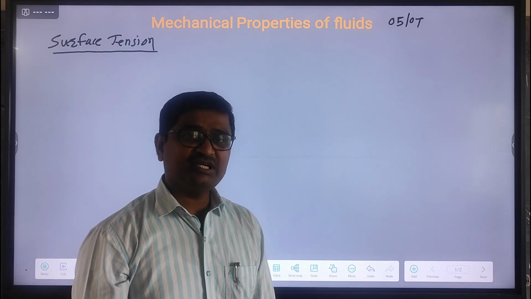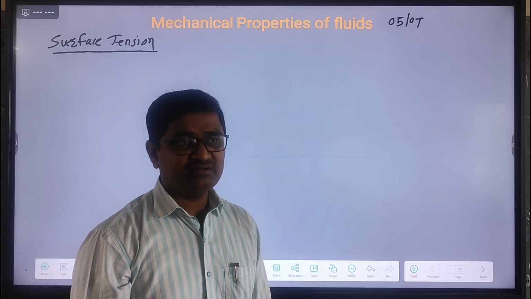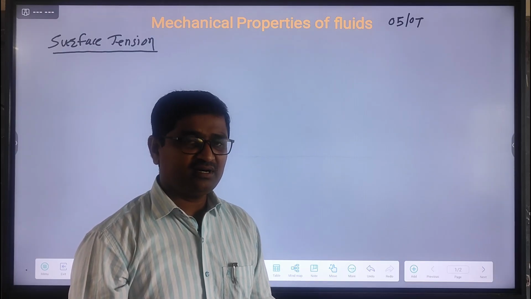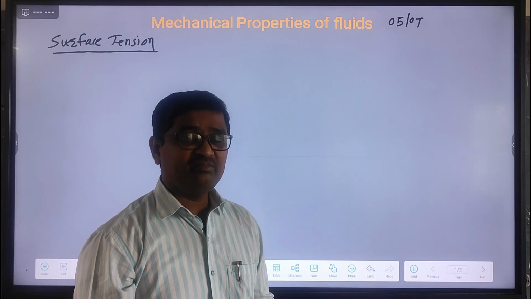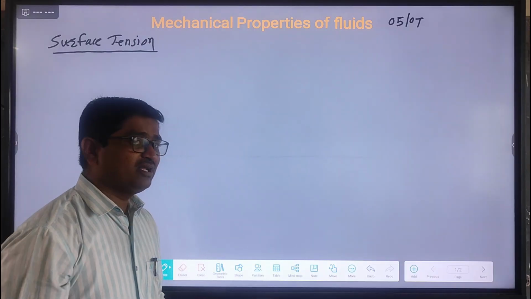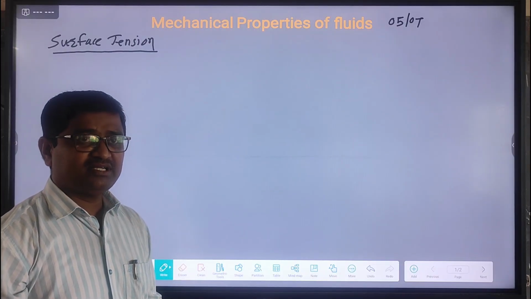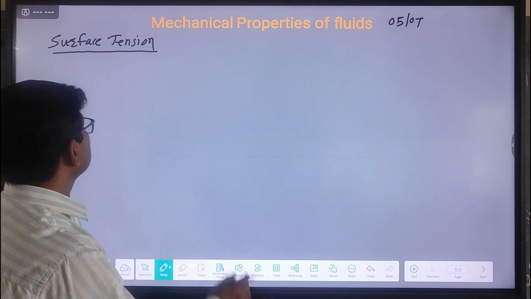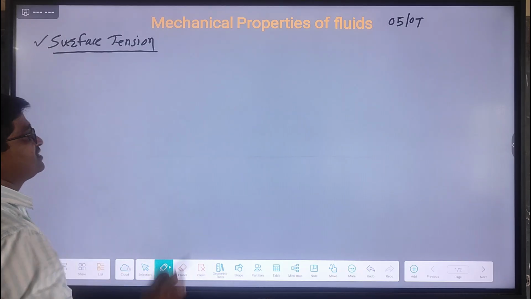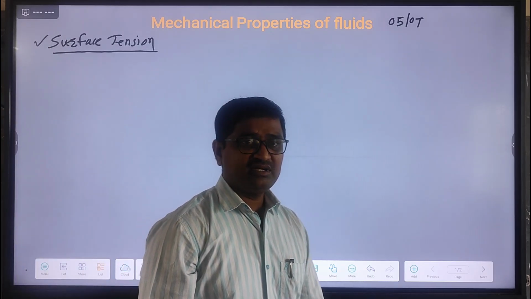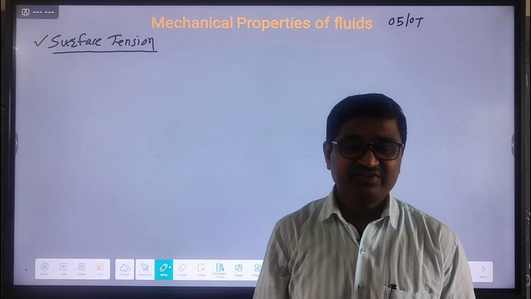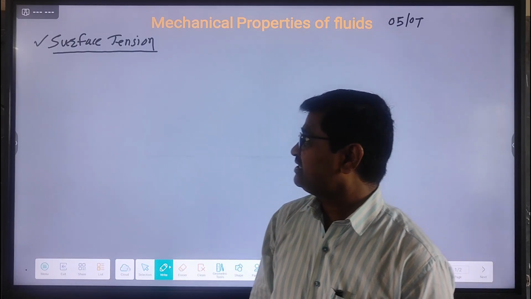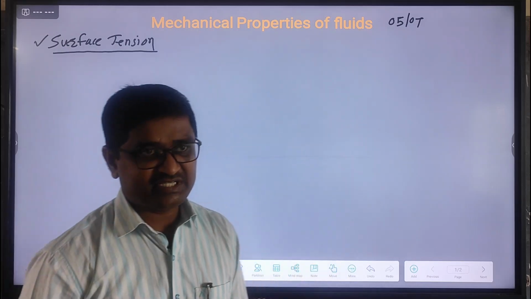According to CET, NEET or JEE, there are comparatively near about 2 to 3 questions from this chapter, and near about 80% of the questions are asked on the same concept, that is surface tension. It means the concept of surface tension is very important for the study of mechanical properties of fluids. So let's begin the concept of surface tension.